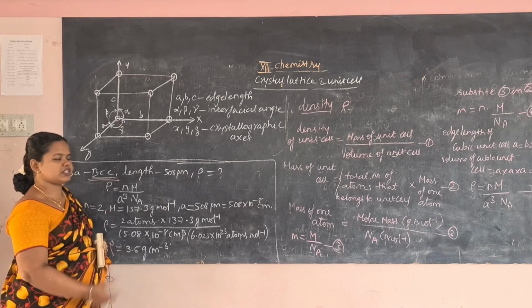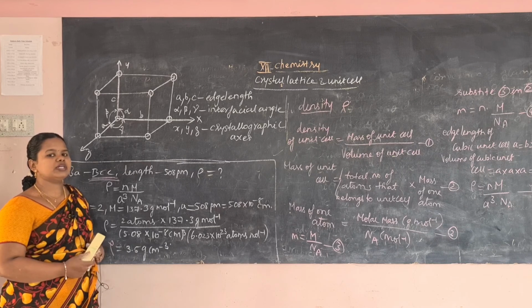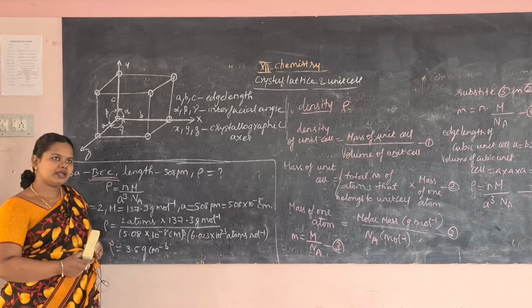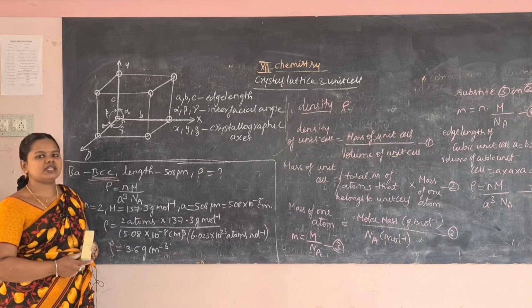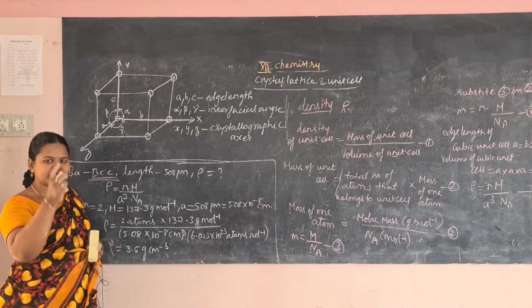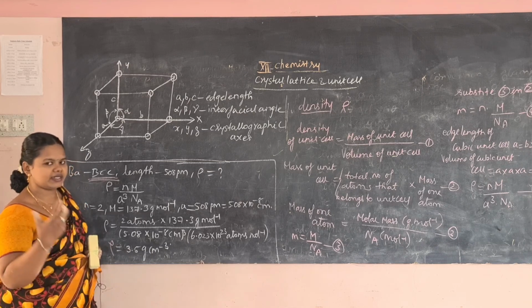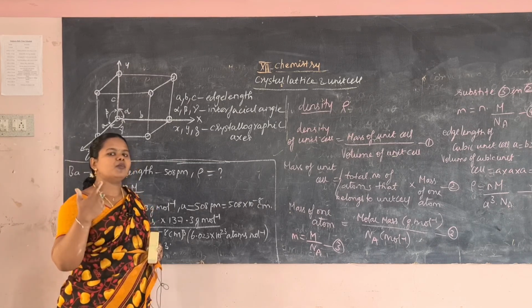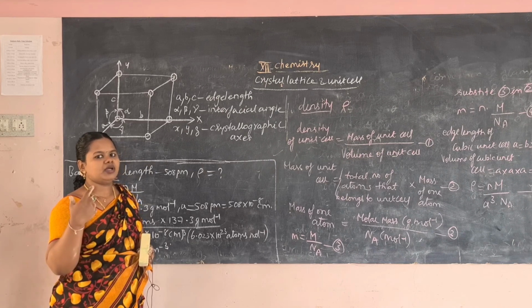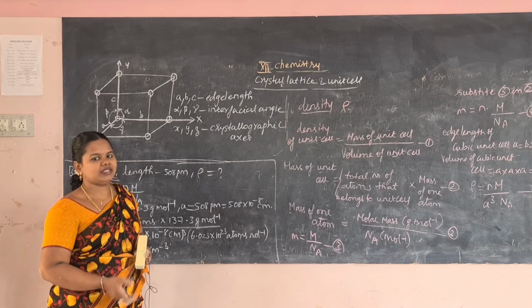So in this session we have learnt about the crystal lattice and about the unit cell, and there are 2 types of unit cell, primitive unit cell and non-primitive unit cell, and for primitive unit cell there are 7 types. I told that is orthorhombic, rhombohedral, monoclinic, triclinic, tetragonal, hexagonal, then cubic.